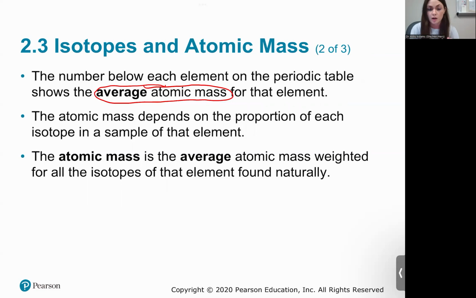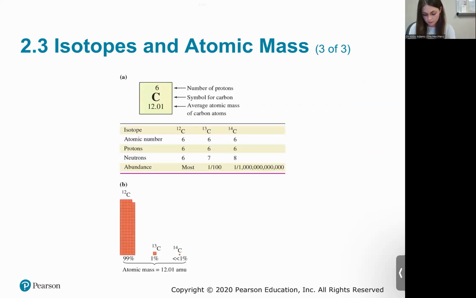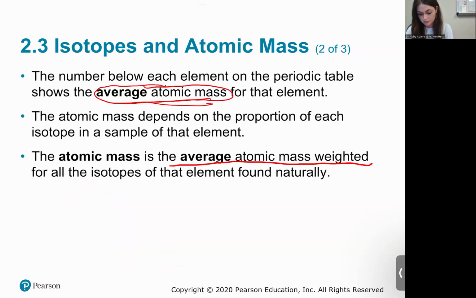It's the average of the masses of all of those isotopes, but it's not just an average, it's a weighted average. I'll show you what I mean. Most of the carbon that you might have in a sample is going to be carbon 12, so that's what's going to be represented in this average atomic mass.